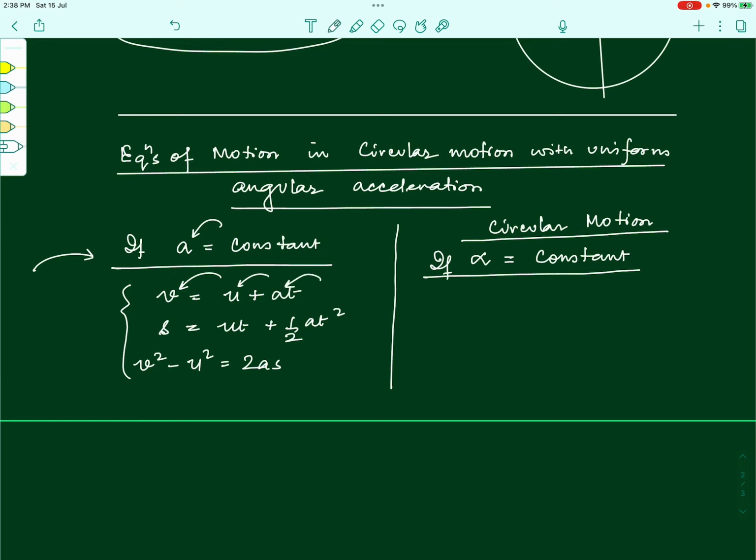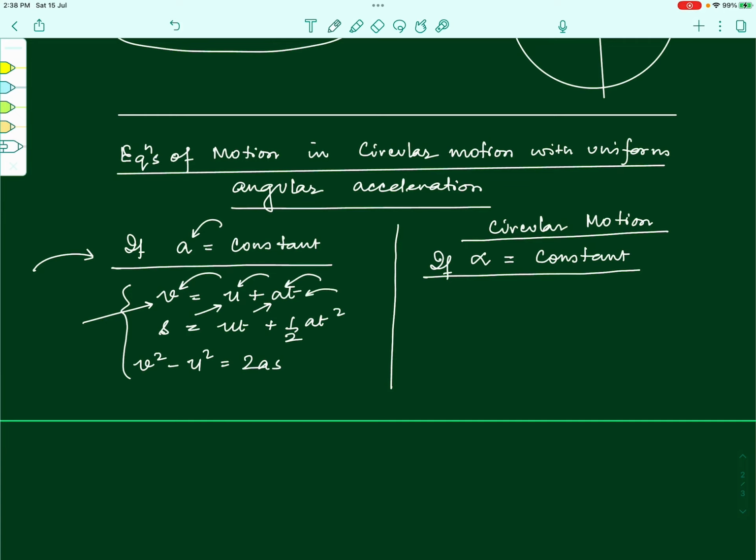For example, v, the final velocity, is replaced by omega, the final angular velocity. u, the initial velocity, is replaced by initial angular velocity. a, the acceleration, is replaced by angular acceleration. Time is a scalar, so we need not replace that.